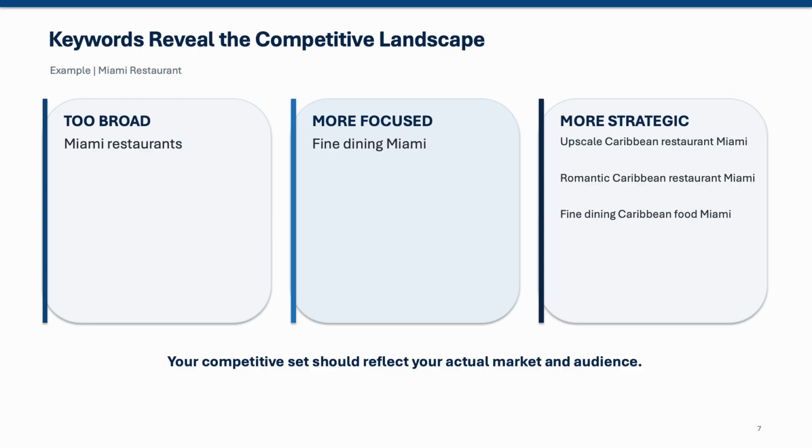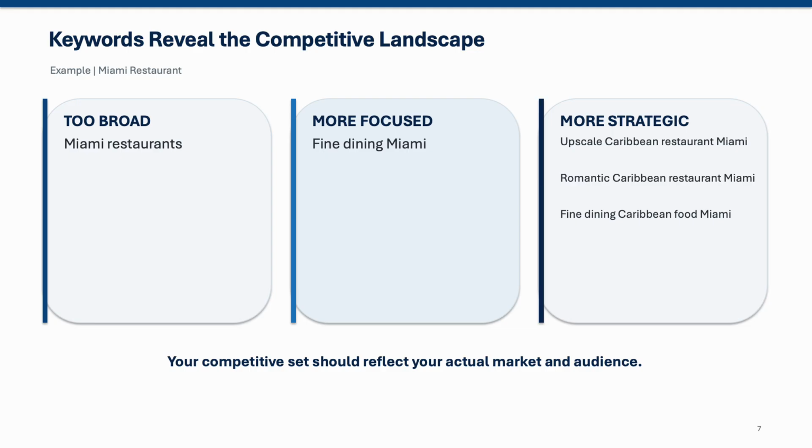Keywords are especially important because the words you use to search can determine which competitors you find. Let's say you're working with a Miami restaurant. Searching for Miami restaurants is extremely broad. If it's a fine dining establishment, Fine Dining Miami gives you a more relevant competitive set.